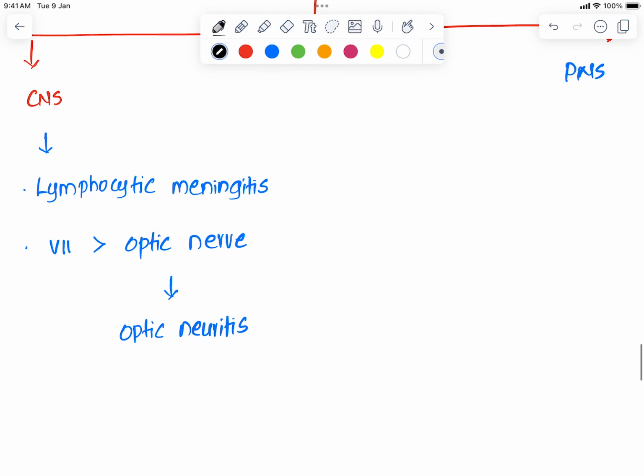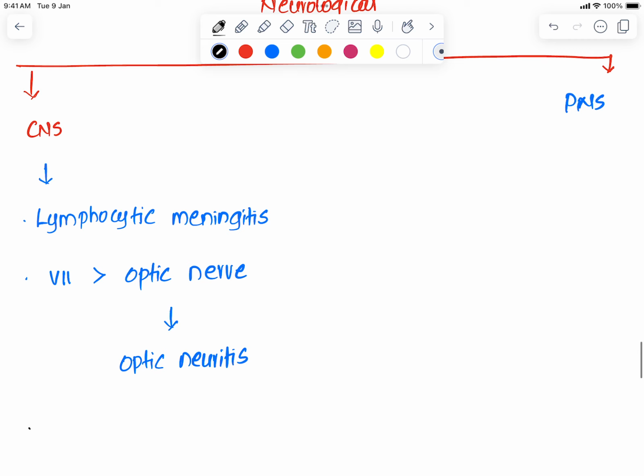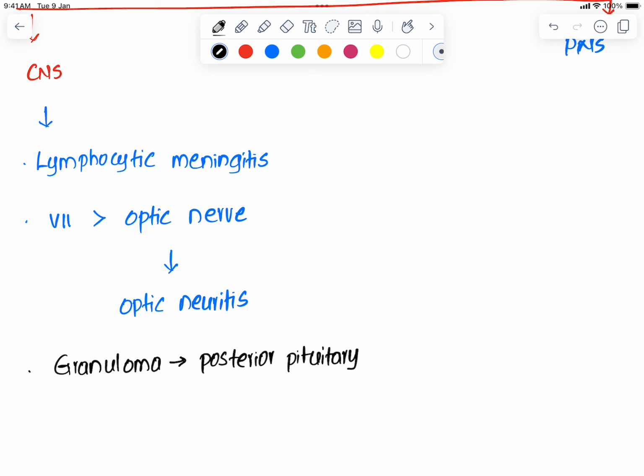The next important point is that there can be granuloma formation within the posterior pituitary. Because of this, these individuals will develop central diabetes insipidus.